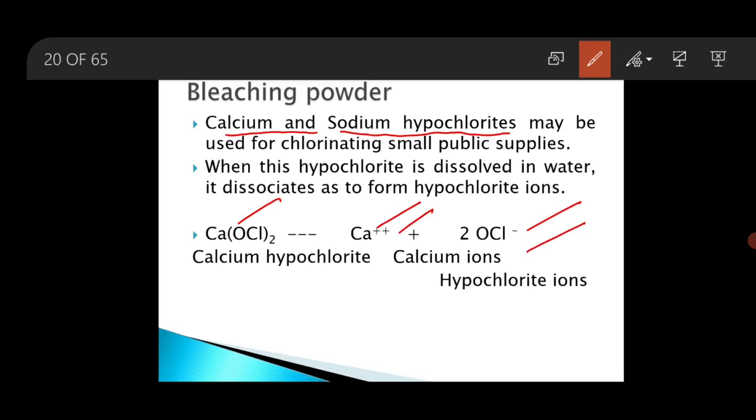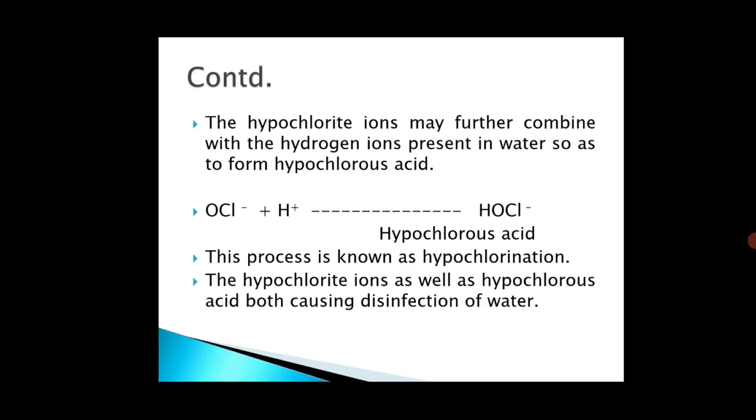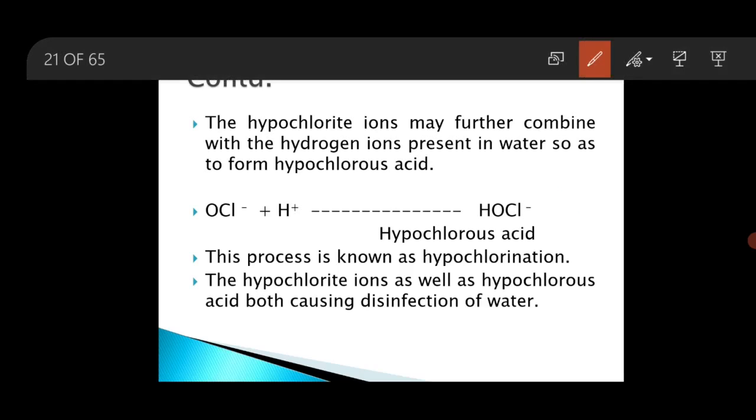The hypochlorite ion then further combines with the hydrogen ion that is present in water to form hypochlorous acid, and this process is known as hypochlorination.